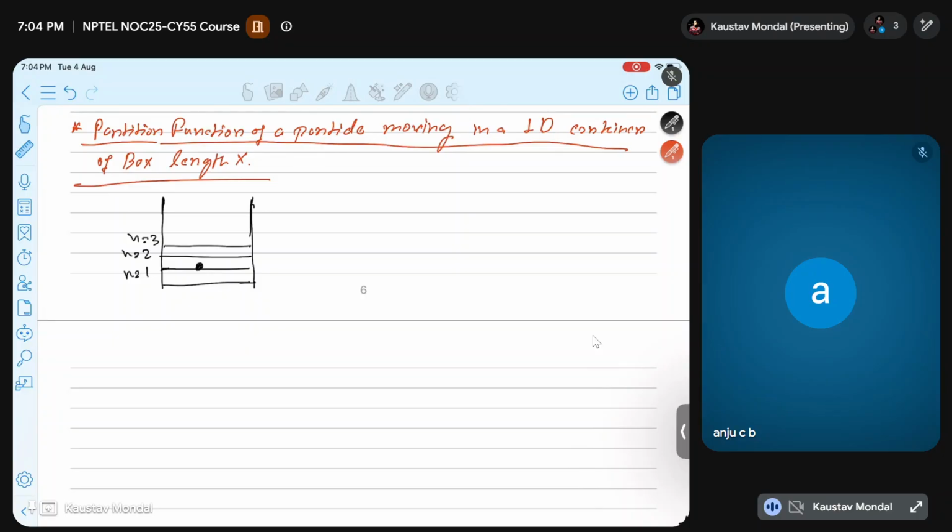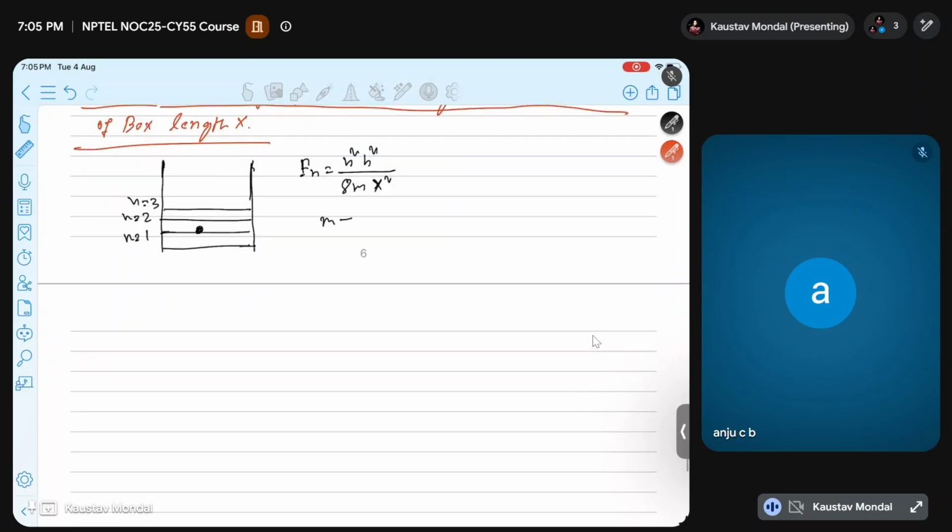And the energy values are basically given by En equal to n square h square by 8 m x square. Okay, so m is the mass of the particle here, and x is the length of the box.